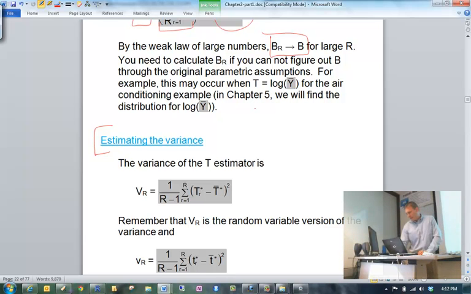To emphasize what we're doing here, there is a true variance of T that's out there. This is dependent on parameters. Now the way that we often estimate this is to calculate var hat of T, where we put the statistics in place of the parameters.